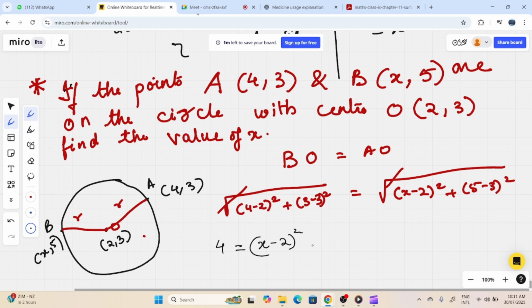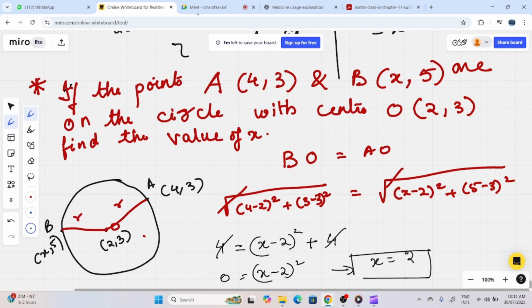But there is a problem, you don't even have to do that, I think. This is 2. 2 square is 4. These both are getting cut, no? So x minus 2 whole square equal to 0. So if this is equal to 0, automatically x minus 2 becomes the factor. So x is equal to 2.